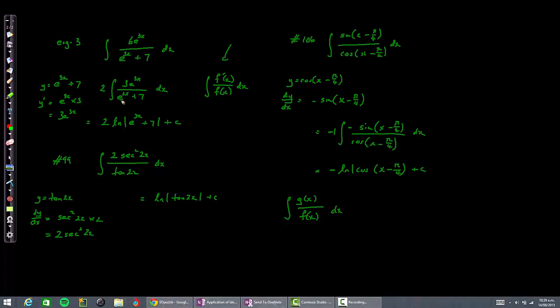Some constant manipulation is sometimes needed to achieve that, but when you do, you can write down the answer straight away as the natural log absolute value of that bottom function plus our constant.